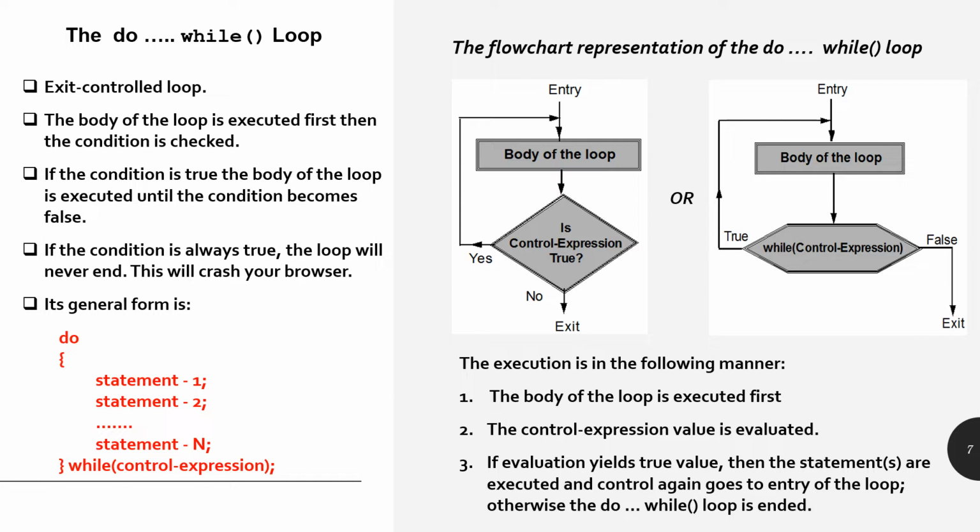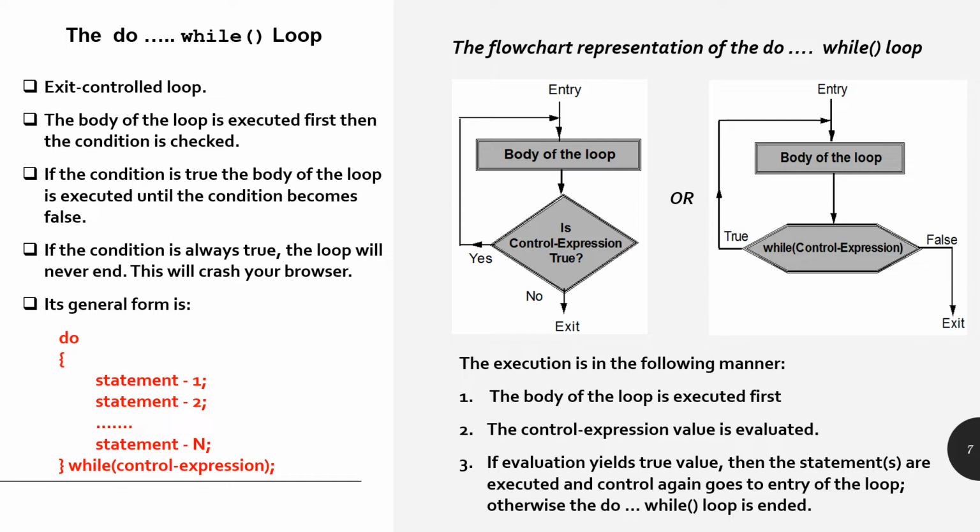Now let's discuss the do while loop. As I mentioned earlier, it is an exit control loop. That means it checks the condition at the end of the loop. To understand the concept, this flowchart is sufficient.